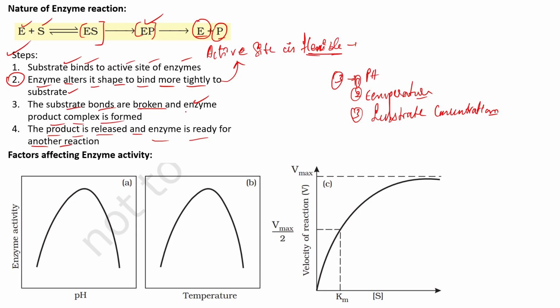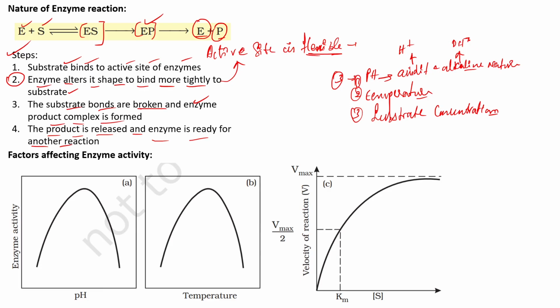So now let us consider the first, that is the pH. We know that pH mainly tells about the acidity and alkaline nature. Acidity means presence of more H plus ions. Alkalinity mainly means the presence of more OH minus ions.